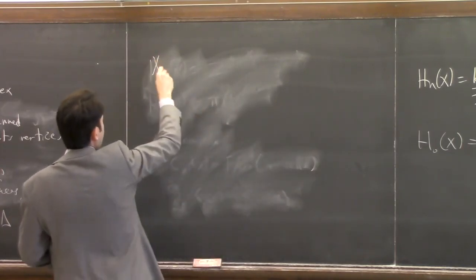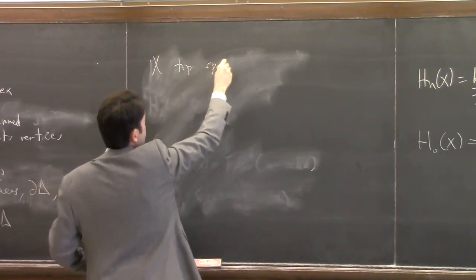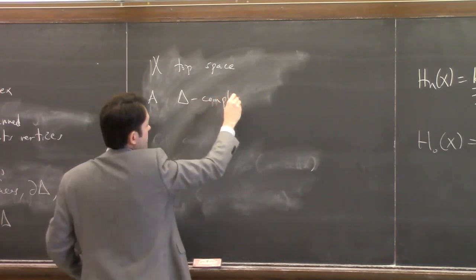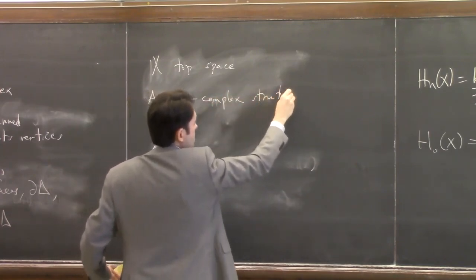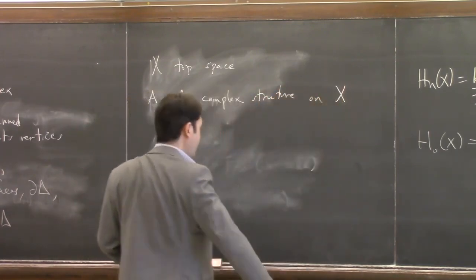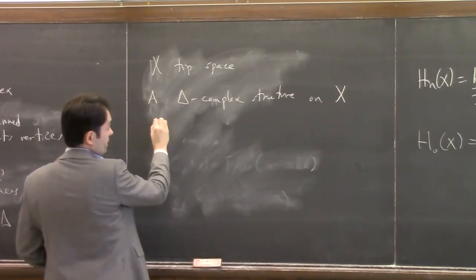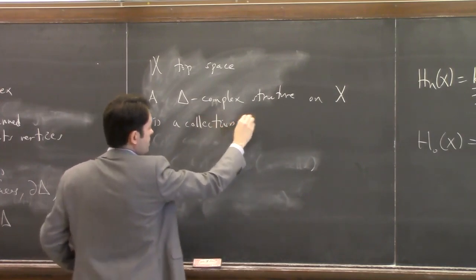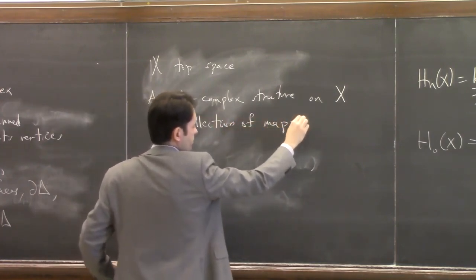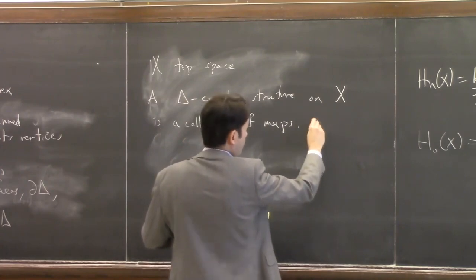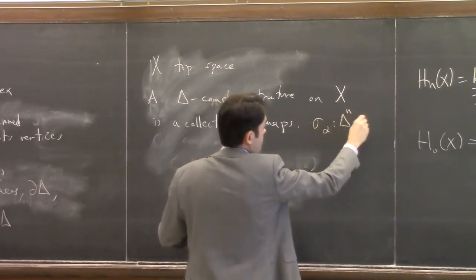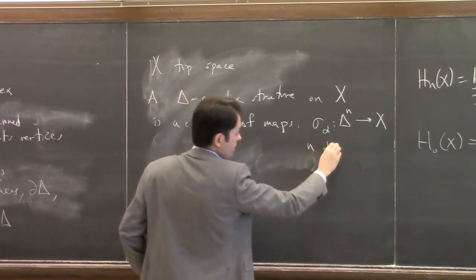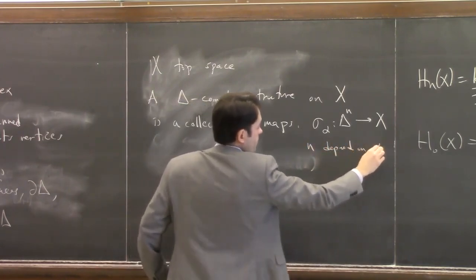Okay, so now if X is a topological space, a delta complex structure on X is a collection of maps, here the n can depend on alpha.